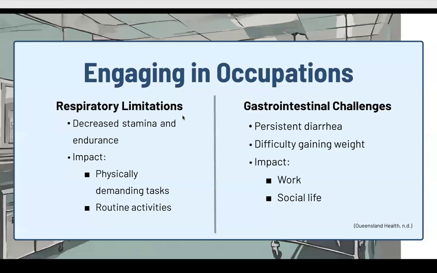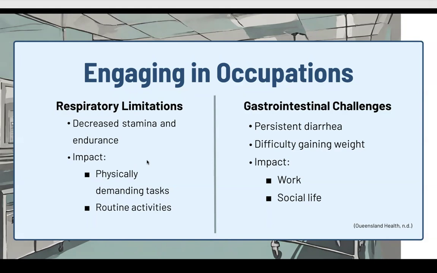With cystic fibrosis, there are some difficulties with engaging in occupations. The first is some respiratory limitations. Like Rachel said earlier, one of the most prominent effects of CF is on the respiratory system, where the thick mucus accumulation leads to frequent infections, wheezing, and coughing.